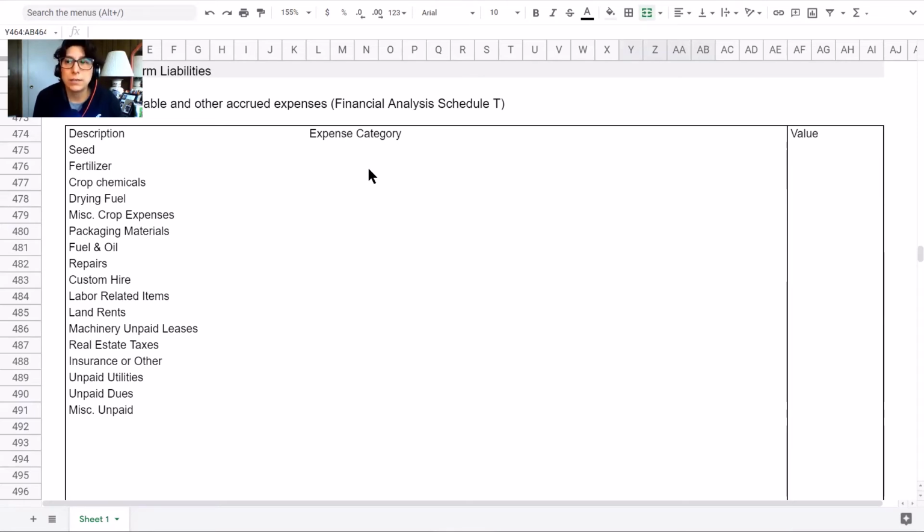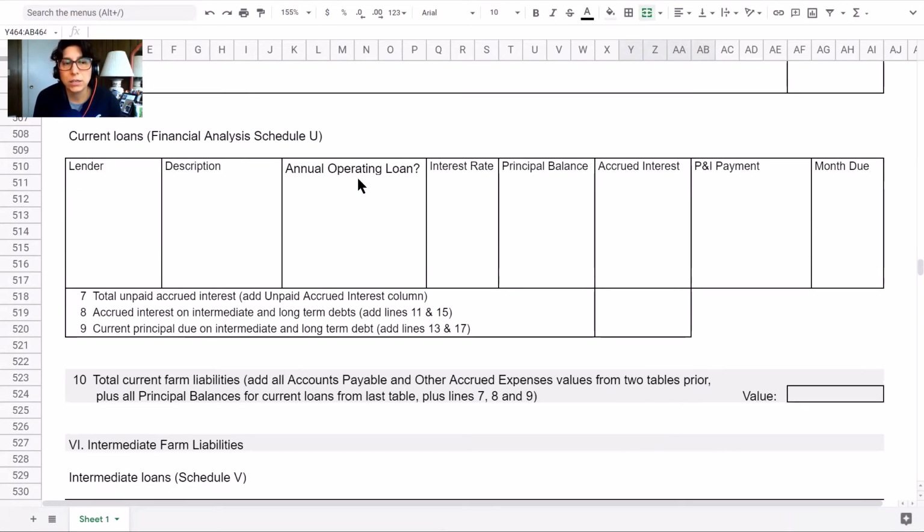Whereas borrowed money would go here, and that means that they have been claimed as a tax-deductible expense. Hopefully that makes sense. Current loans include the current balance on operating loans, feeder livestock loans, credit cards, and other loans that are due within 12 months.